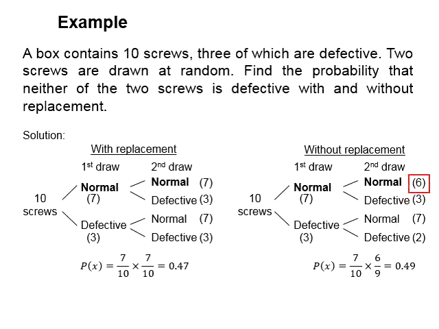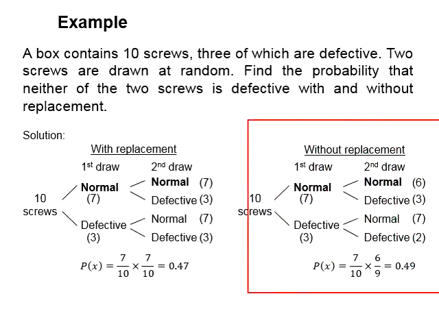The 6 here is because you have already drawn one of the normal screws, and the 9 here is due to 6 normal screws plus the defective screws. With that, your probability of getting both screws not defective without replacement will be equal to 0.47.